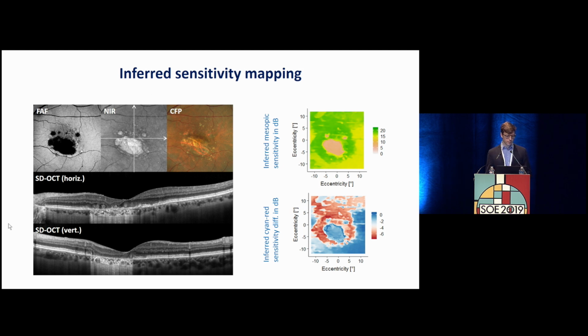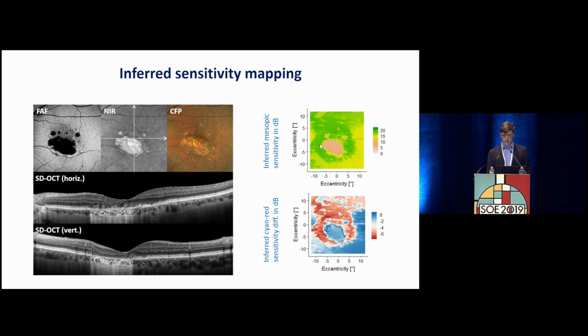Again, this is the multimodal imaging data used to predict function, and this is the predicted function. Here you see the predicted cone function, and here you see the predicted rod function. And you see you have a very high resolution, much higher than you could ever test with a normal functional test, because you couldn't put that many test points into any patient.